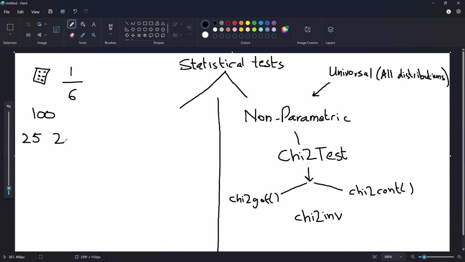Actually, no, instead of 100, you roll the dice 120 times. Ideally, each side should come up 20 times, right? 20, 20, 20. If you calculate with 100, it is 16.6. That's why I chose 120. It's an easier whole number to write.